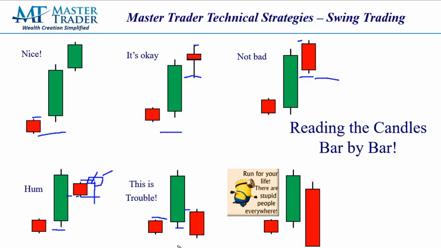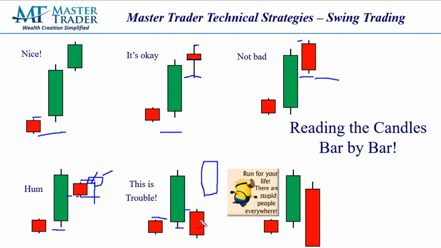Let's see what happens. Now, let's make some assumptions about the next bar. Let's assume the next bar opens here and closes there. Are we in trouble? No. Everything is okay again, and we had a red bar ignored.